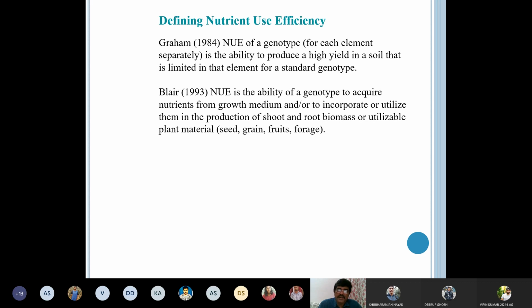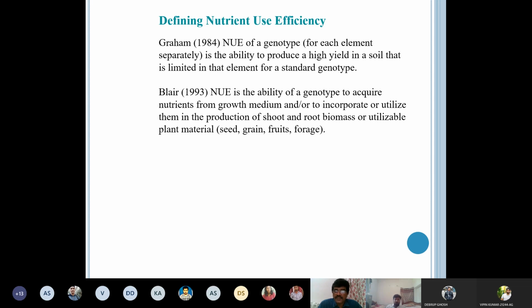Many people have defined nutrient use efficiency in different terms, like biomass yield per unit nutrient applied, per unit nutrient utilized or absorbed. The key thing in this is biomass. Biomass may be in terms of dry matter, maybe in terms of grain, maybe in terms of grain plus straw. There are different ways.